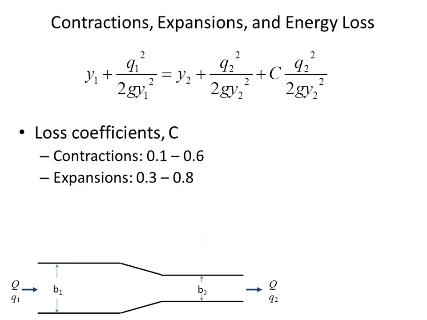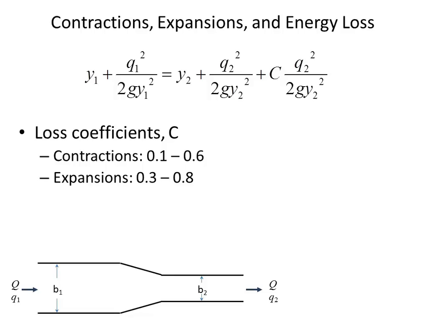All right, as I mentioned, these contractions and expansions can actually cause energy loss between the two sections. And some typical values that are cited in your text is that a contraction can have a C value of between 0.1 and 0.6. And the C value is multiplied by the velocity head. And that's very similar to what happened with local losses in pipe flow.